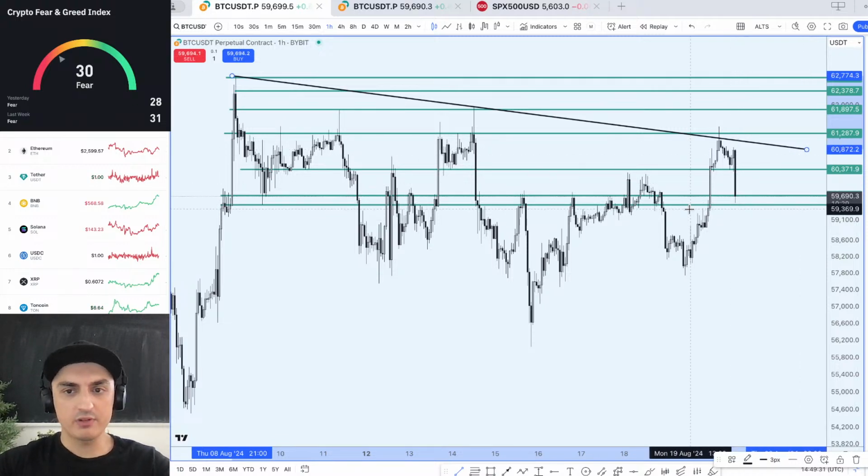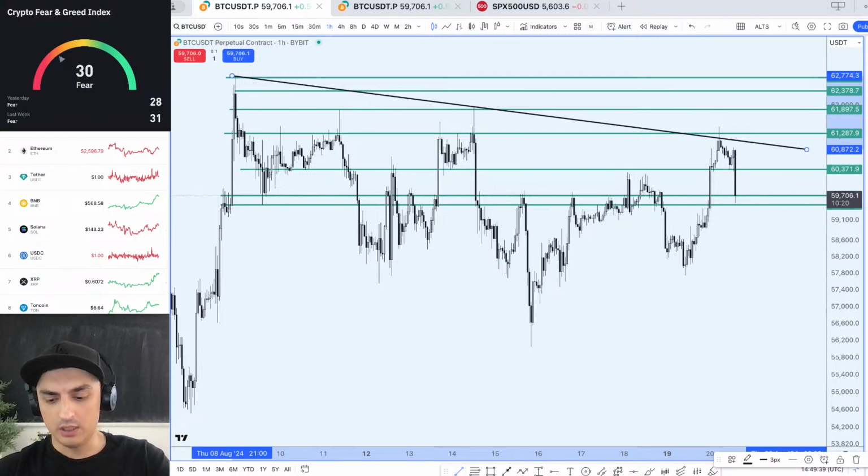We're still moving around these areas, around these numbers and these levels as well. So not much, there is not too much to say about.